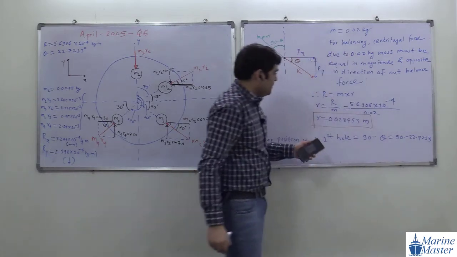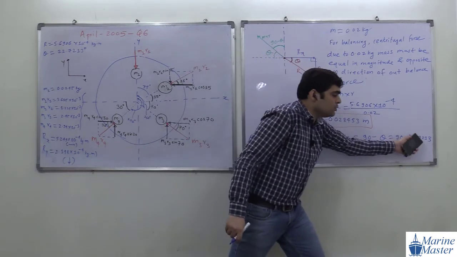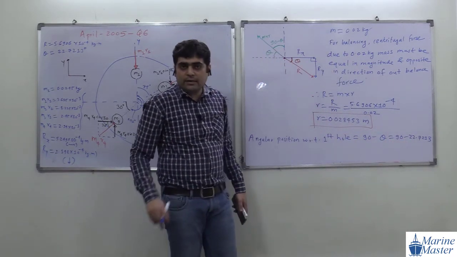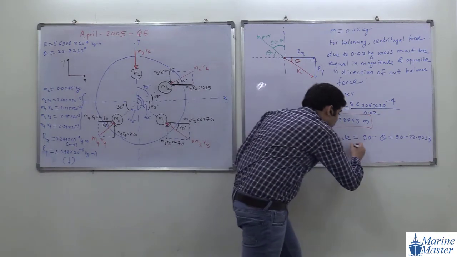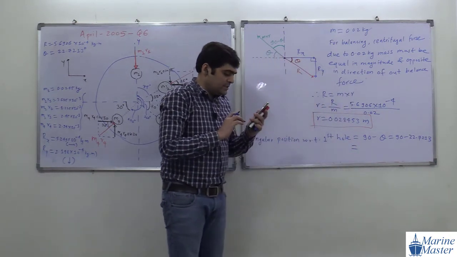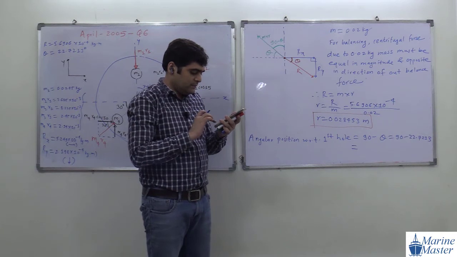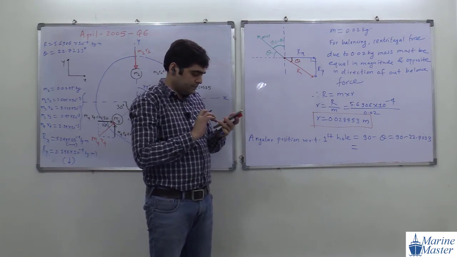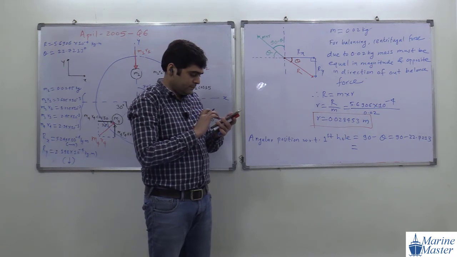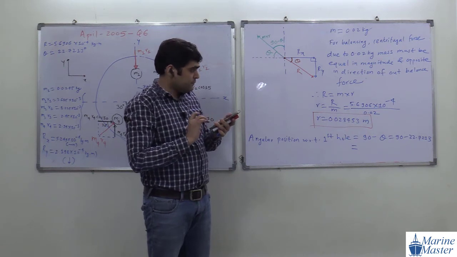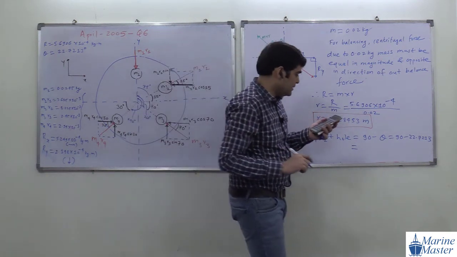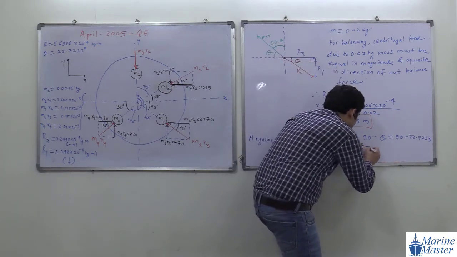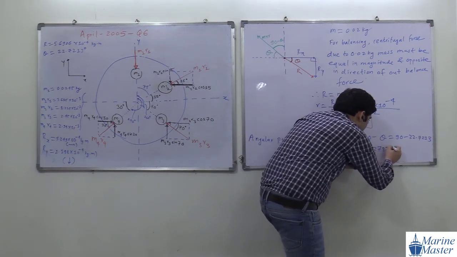Okay, everyone getting my point? 90 minus 22.7213 is how much guys? 67.2787 degree.